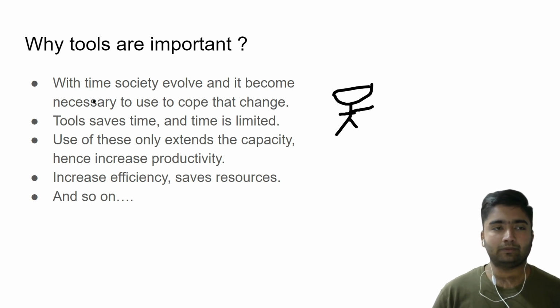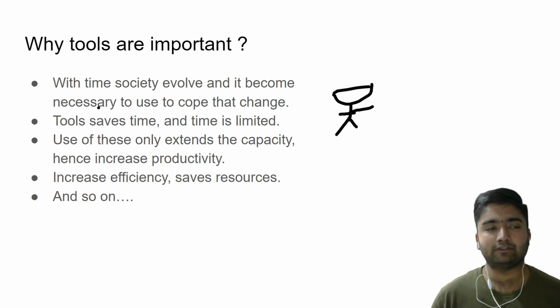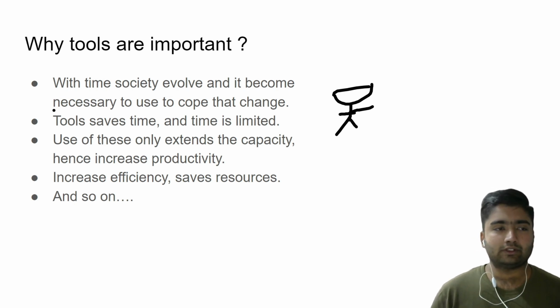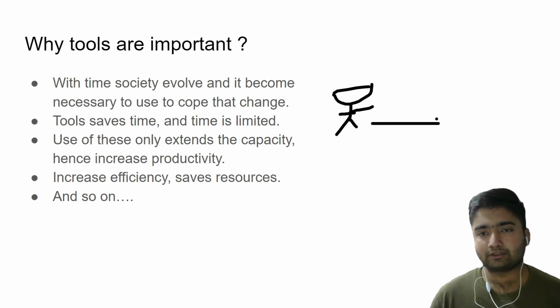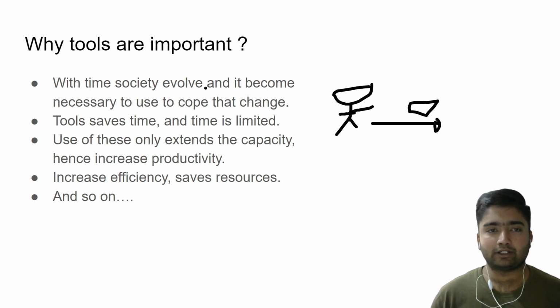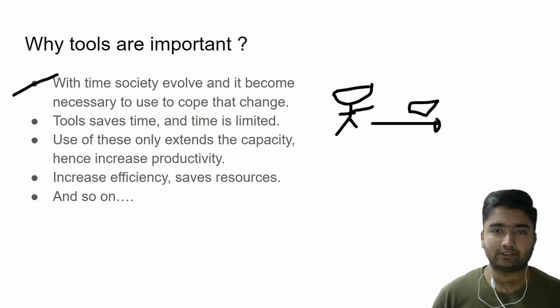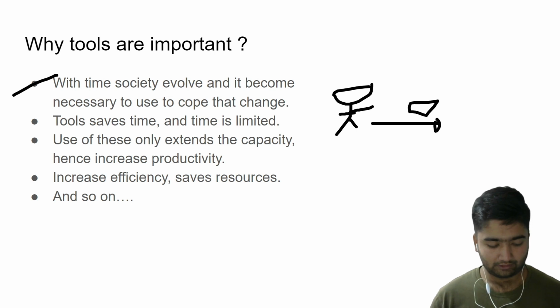To cope with the changes in society, we need to know how to use the basic tools of society, like a car. If we use a car, our capability to move from one place to another increases. So it is important to cope with change in society.